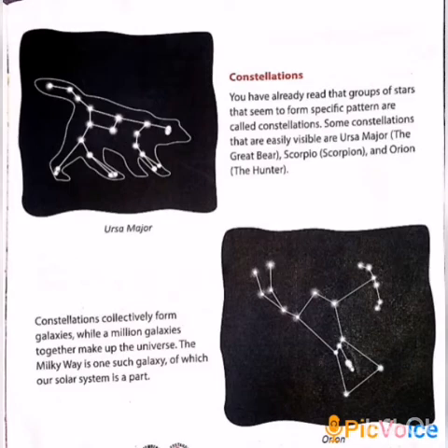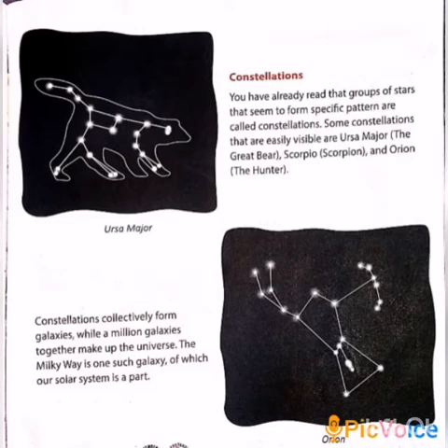Next, constellations. A group of stars that seem to form a specific pattern is called a constellation.